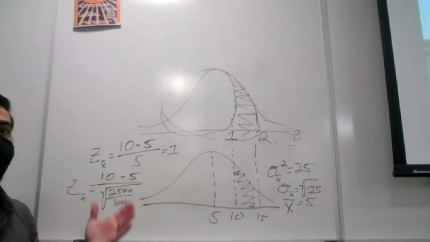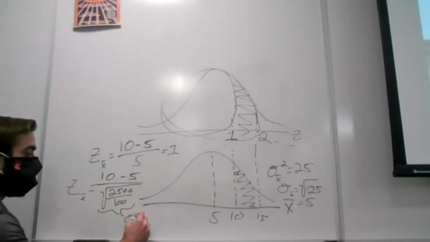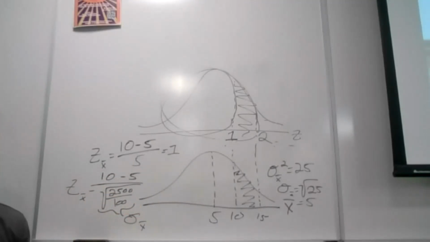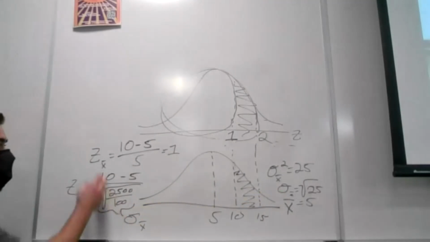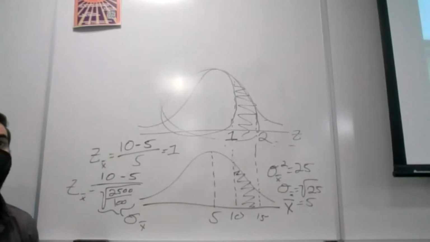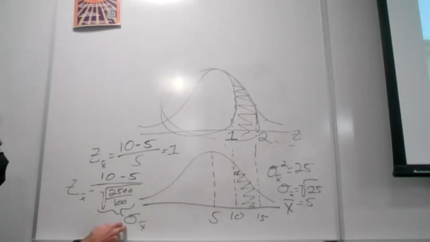The way I did it is a little easier if we remember that what's in the denominator just represents the standard deviation of my sample means, because then I can calculate that first and just plug it in. But if I wanted to do it all in one equation, I could plug in the expression that represents the standard deviation of my sample means.